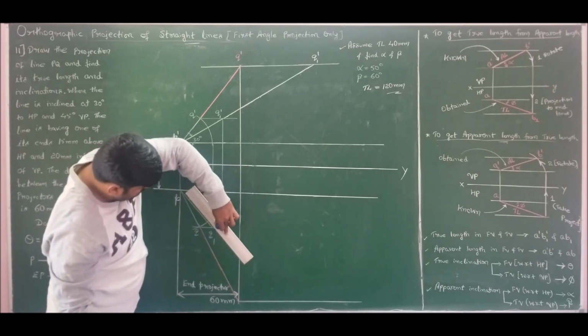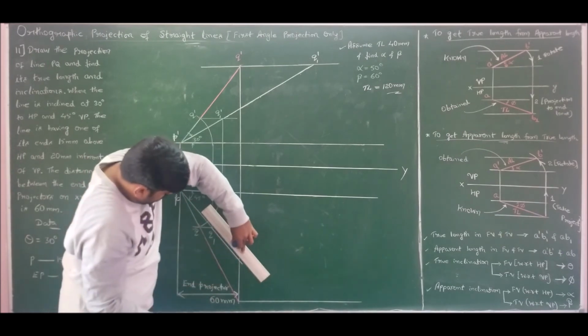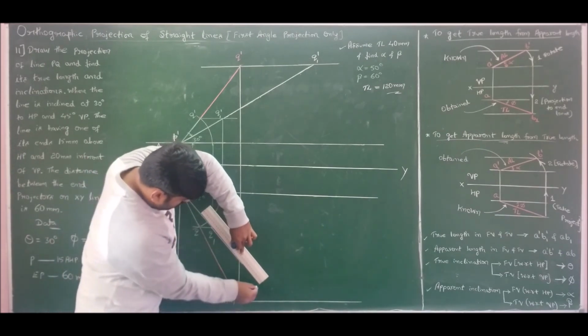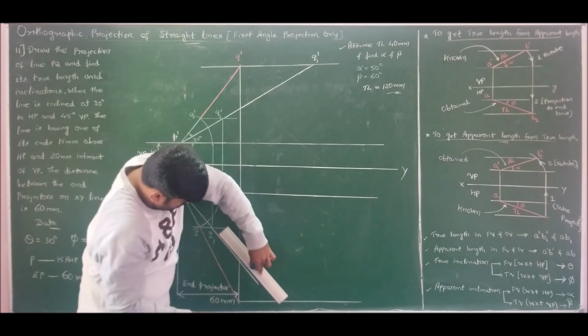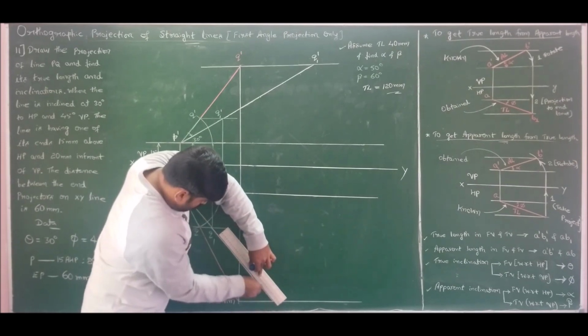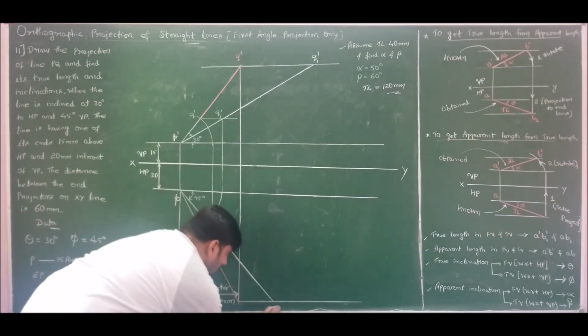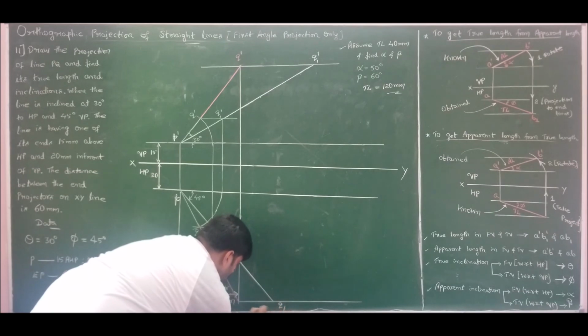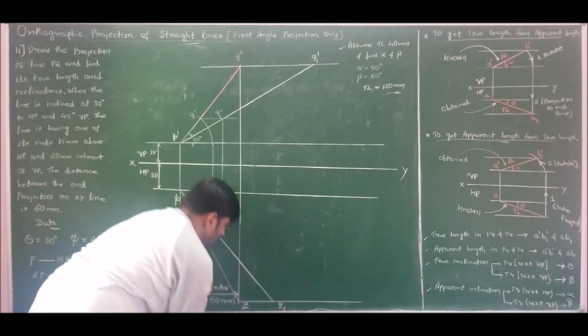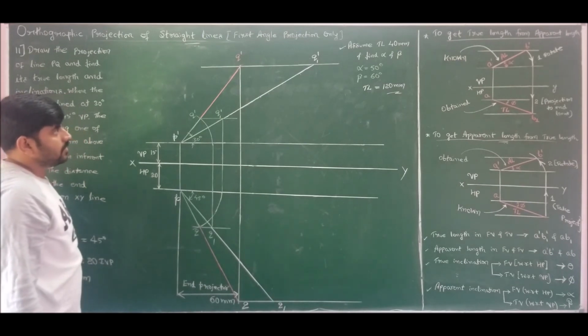Now extend the true length to intersect this locus. Thereby we got actual Q1 and actual Q. So this is the solution for the given problem.